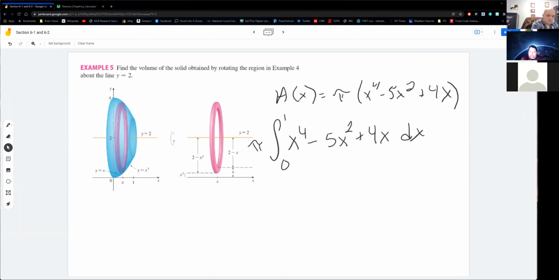So we've got x to the 5th over 5 minus 5x to the 3rd over 3 plus 4x squared over 2, from 0 to 1.